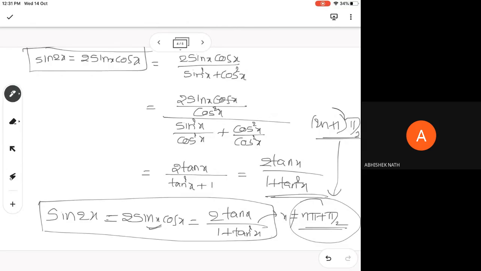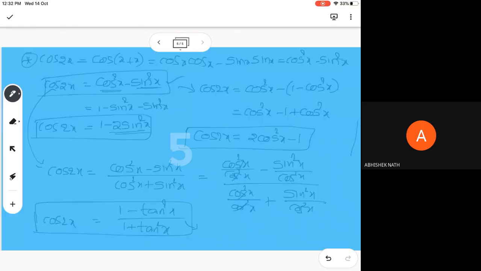Odd number times pi by 2, you have to remember this again: here it is undefined, here it is undefined, because at these places the x coordinate is 0 and the y coordinate is something, say a. Tan is nothing but y coordinate by x coordinate, so a by 0 is undefined. So pi by 2, 3 pi by 2, 5 pi by 2, 7 pi by 2, like that it continues. So odd number times pi by 2 can be written as n pi plus pi by 2 or 2n plus 1 pi by 2, both are right, and in both cases it is not defined.